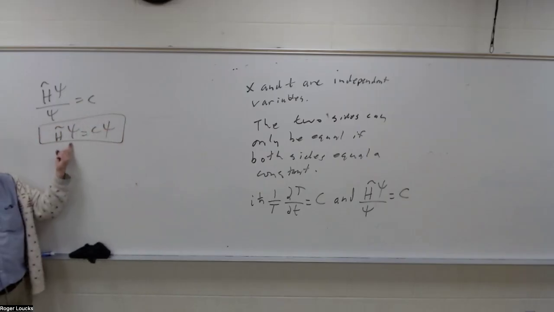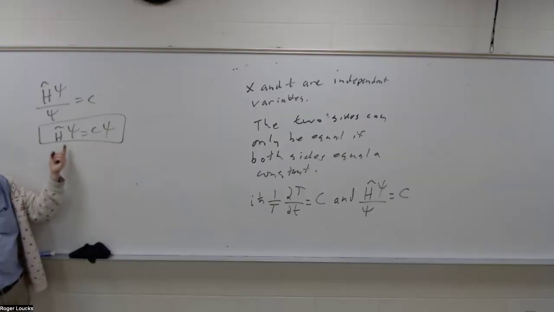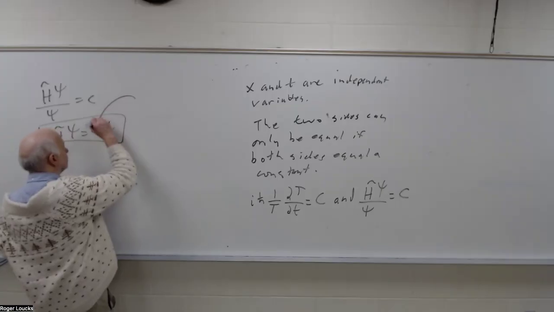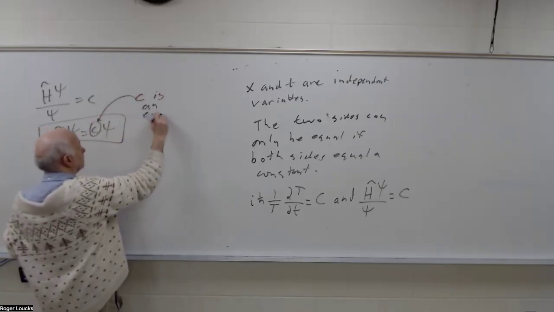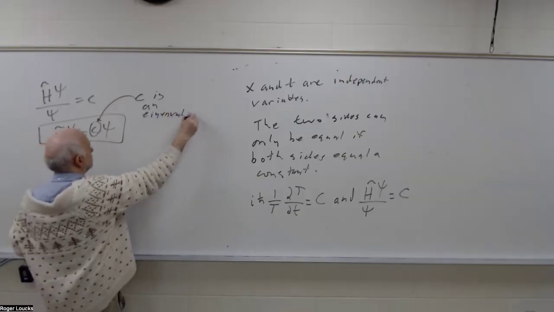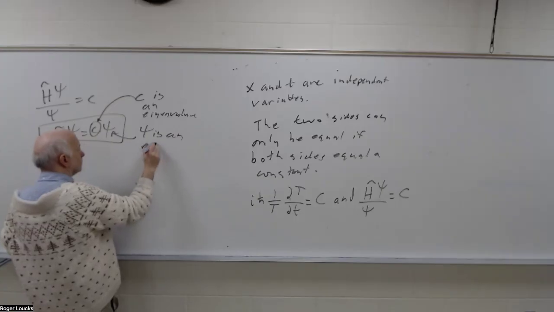This operator acting on psi, and what happens? We get psi back times a constant. This is an example of an eigenfunction eigenvalue problem. So C here is the eigenvalue, and psi is the eigenfunction.